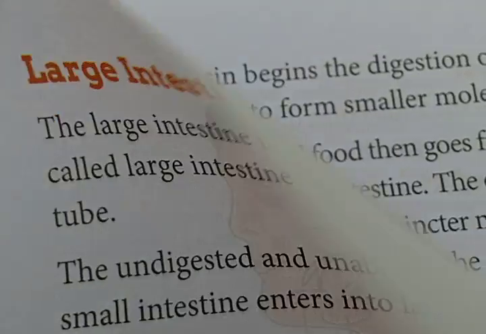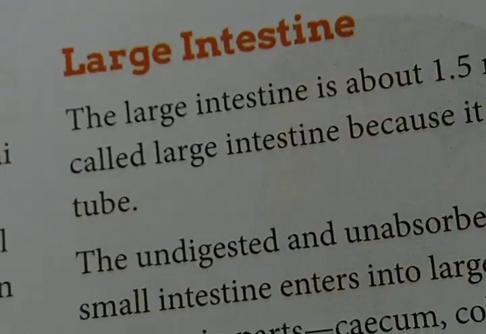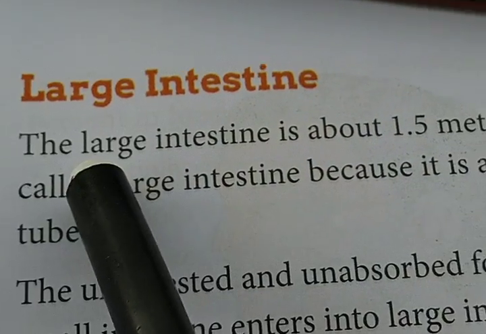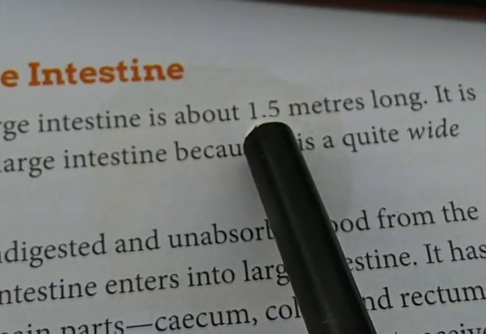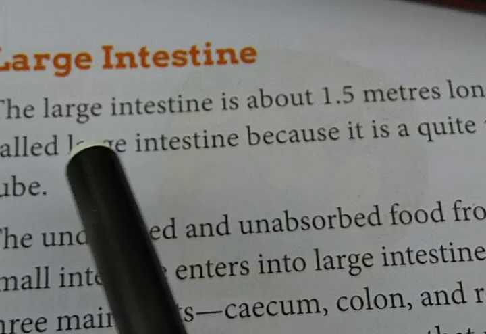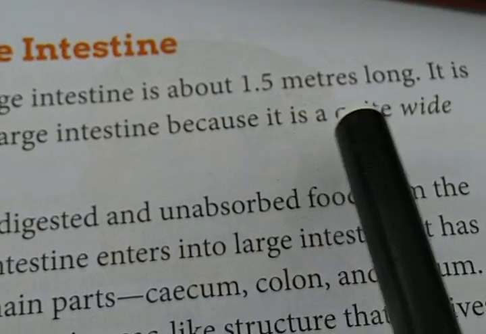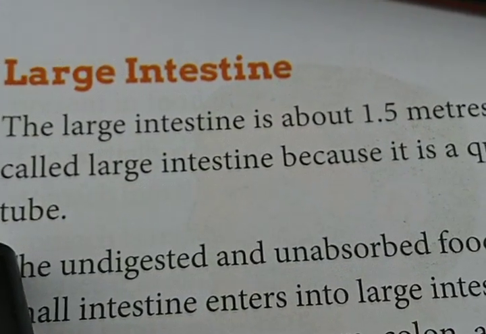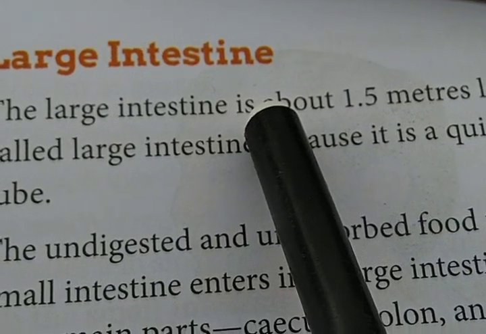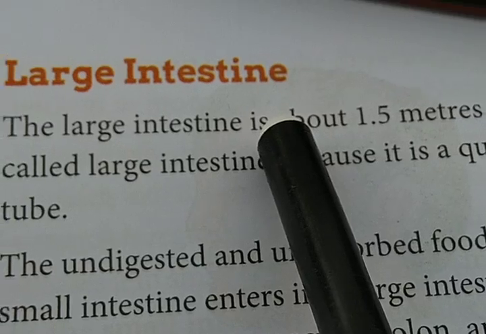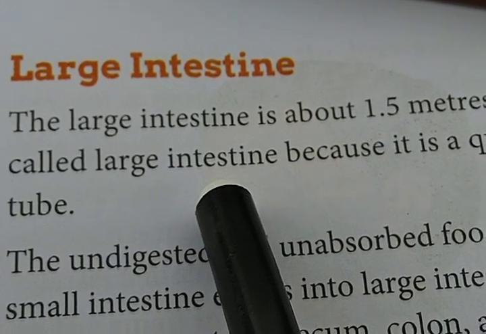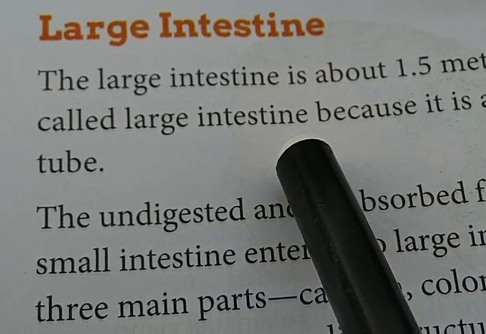Next, the large intestine. The large intestine is about 1.5 meters long. It is called the large intestine because it is quite a wide tube. So why is it called the large intestine? Because, though it is shorter than the small intestine, it is quite wide compared to it.